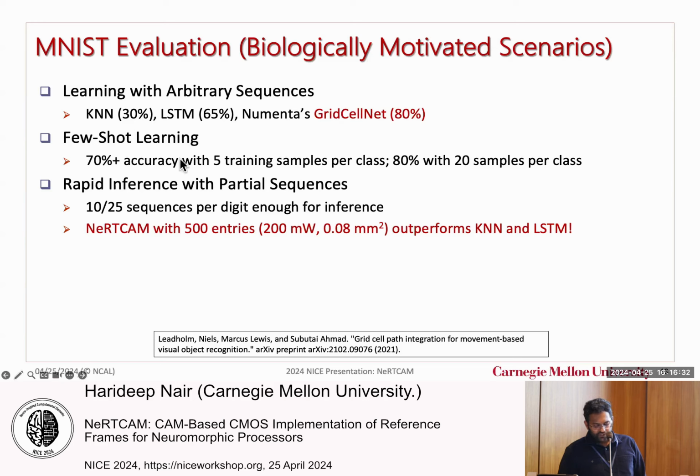But for few-shot learning, what they have observed is that with just about 5 training samples per class, you can reach up to 70%, and with about 20, you get to 80%. And in both these scenarios, the KNNs and LSTMs perform pretty poorly. And if you translate that to NeRTCAM, just about 500 entries can outperform KNN and LSTM in about 200 milliwatts of power and 0.08 square millimeters of area. And what we observed is that about 10 out of 25 sequences per digit can result in successful inference.